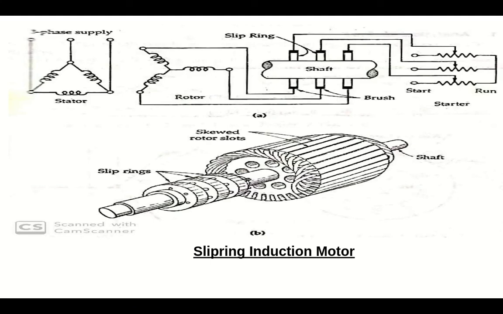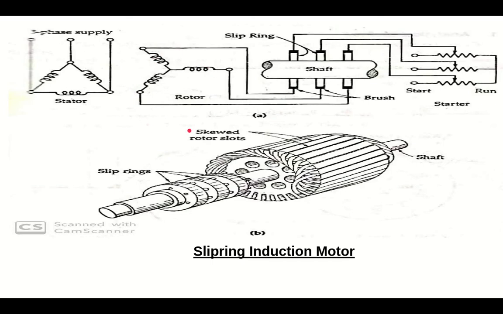From this diagram, we can say that the wound rotor consists of a slotted armature. Insulated conductors are put in the slots and connected to form a three-phase double layer distributed winding similar to the stator winding. The rotor windings are connected in star form.